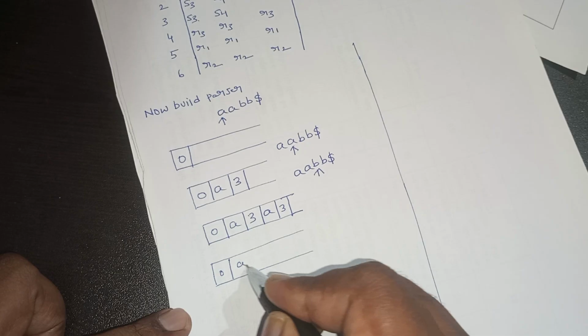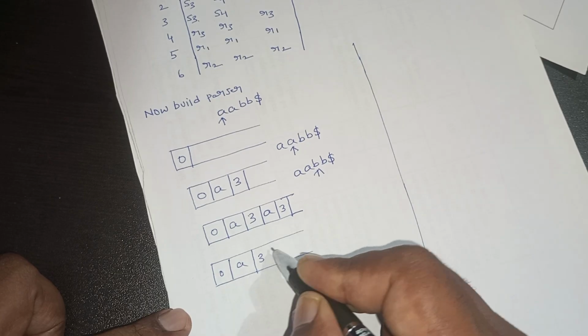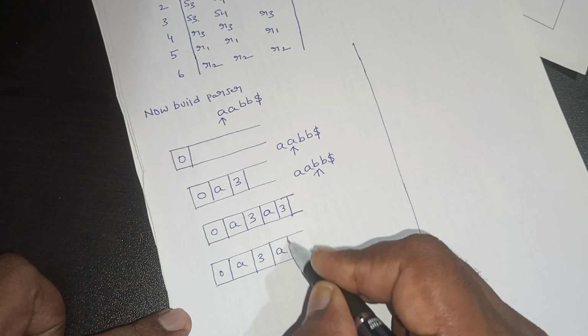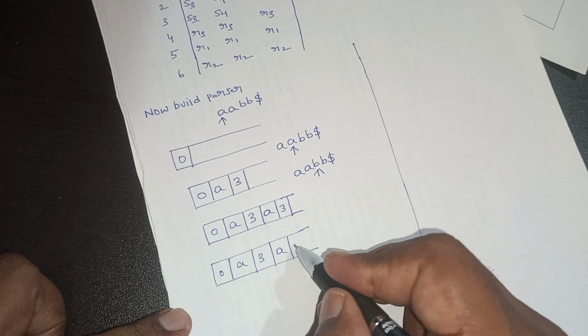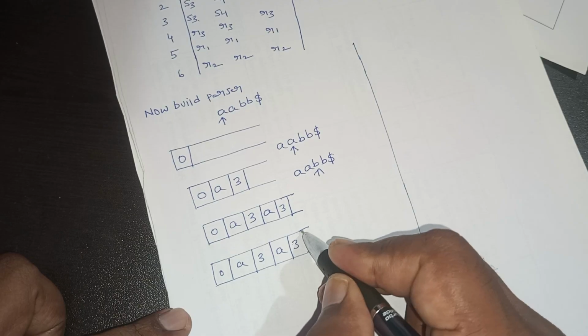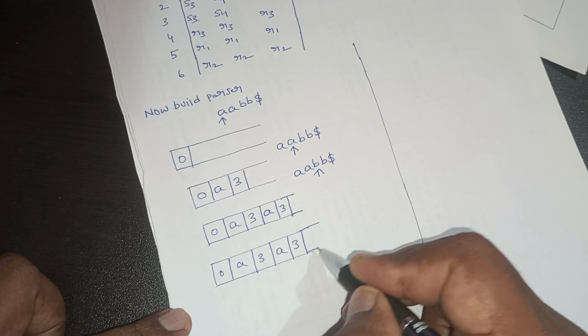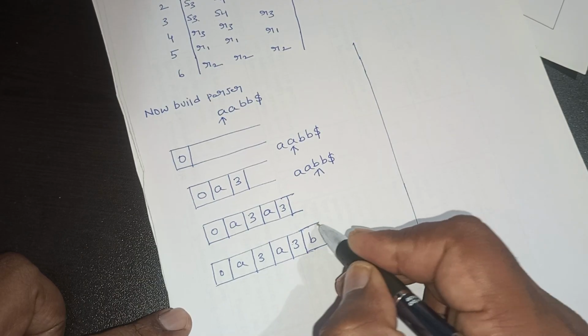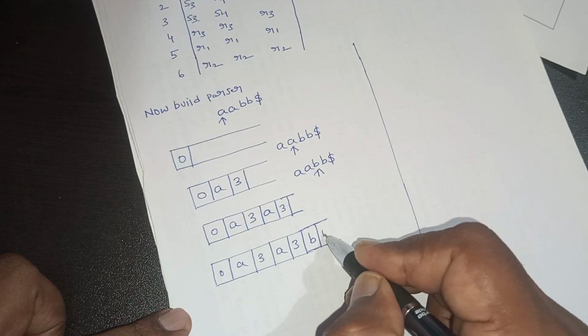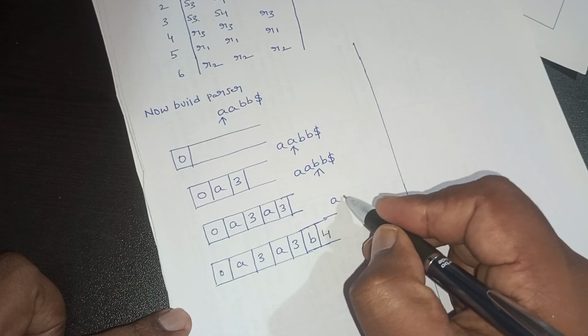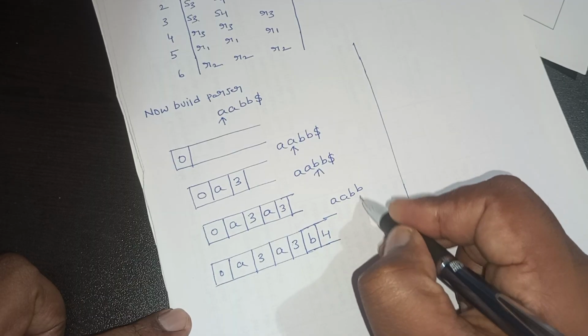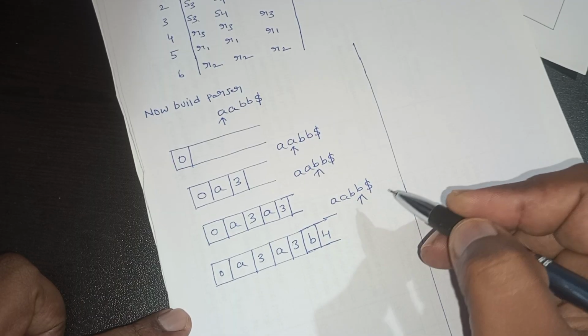So the stack is 0 A3 A3, and what I have to push is B4. Now shift the pointer.